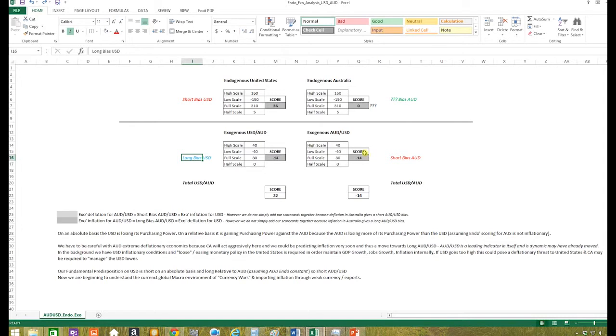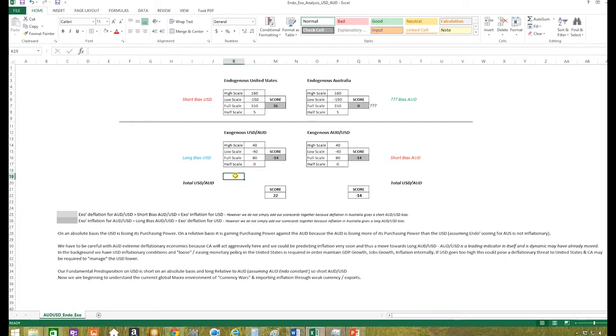It doesn't mean that if we have deflationary conditions in Australia, that we automatically have inflationary conditions in the United States, and vice versa. If we have inflationary conditions in the Australian economy, it doesn't mean that we have deflationary conditions in the United States.